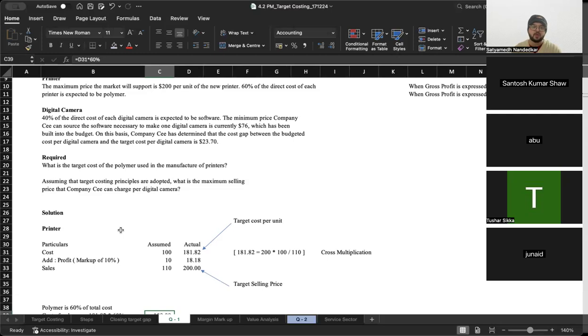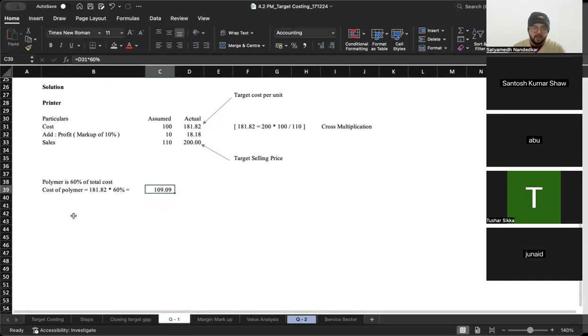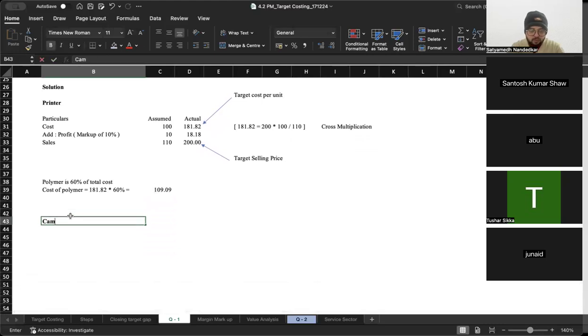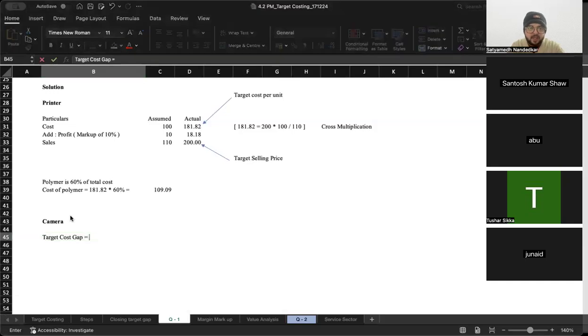What they are asking you to calculate is the maximum selling price. Company C has determined that the cost gap between budgeted cost and target cost is 23.7. So let's factor in this part. What is the target cost gap?